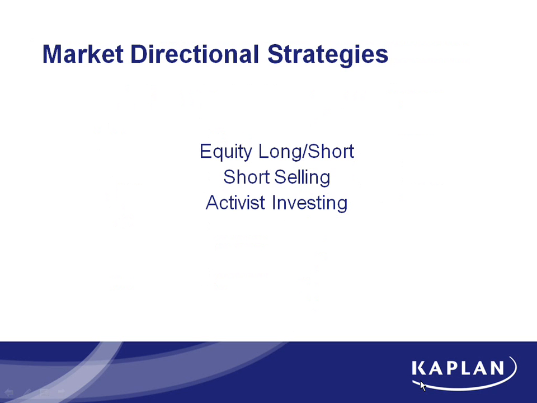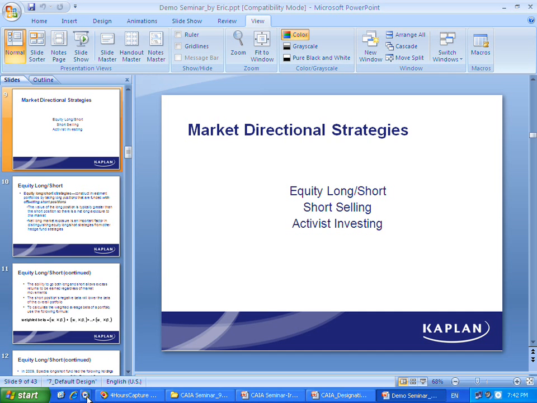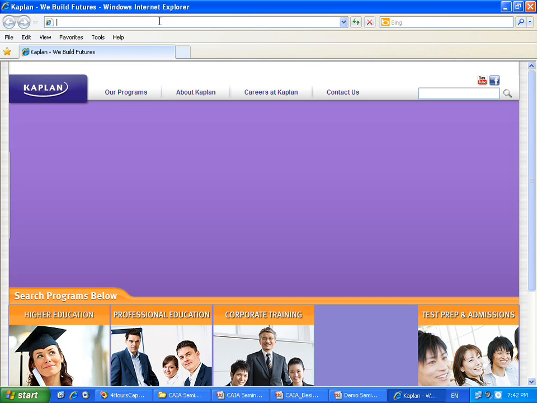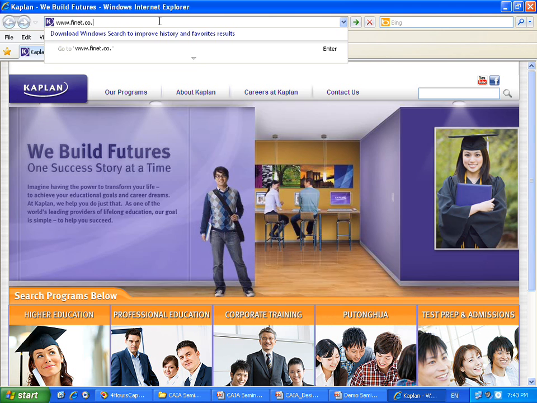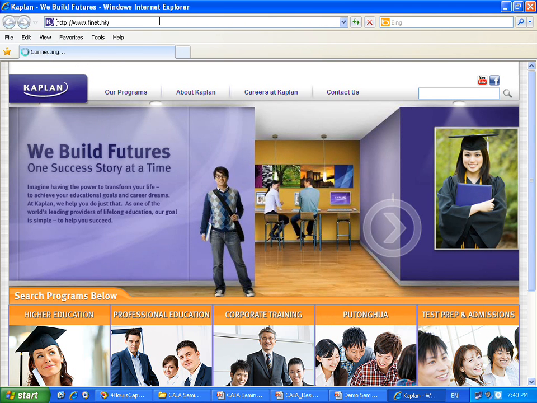Now, I will go through 2 examples on the equity long short. One is called the market neutral long short. The other one is just fundamental equity long short. I will go to the internet first to demonstrate what actually a market neutral long short is, because it's better to show in a chart.